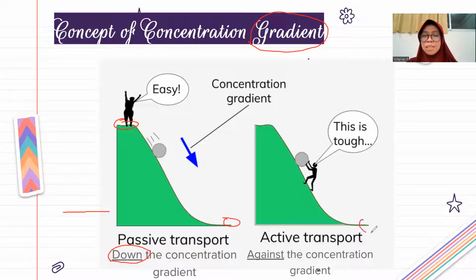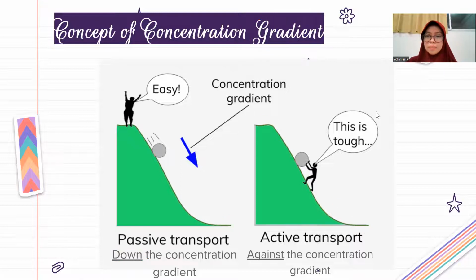So from this side, going up to this side. If we apply this understanding to the concentration gradient, the movement will move the particle from the low concentration to the high concentration. So we need to climb, memanjat, the concentration gradient. And we have the term here, against the concentration gradient. Because it is active, we need energy from respiration.